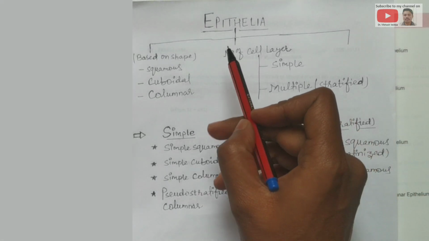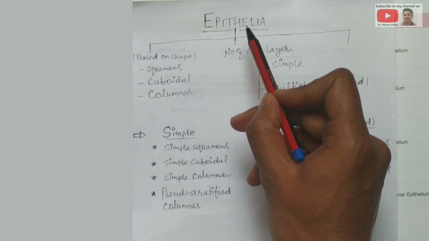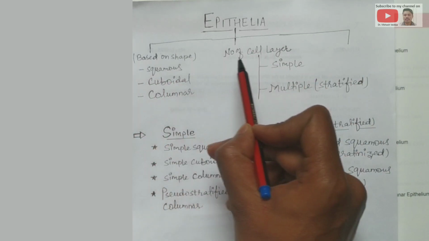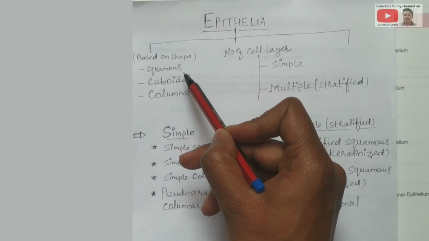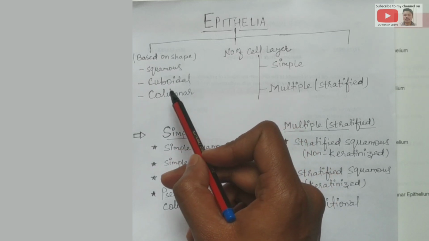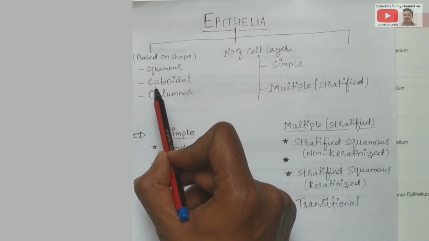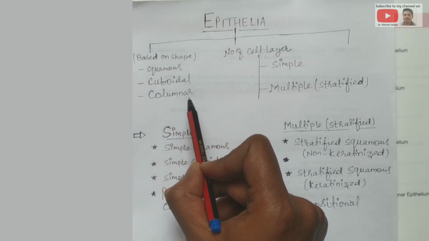Guys, you can see here the epithelia are classified into two broad categories based on shape and number of cell layers. According to shape, the epithelia are divided into squamous, that is flat cells, cuboidal, that is cube-like cells, and columnar, that is tall cells.